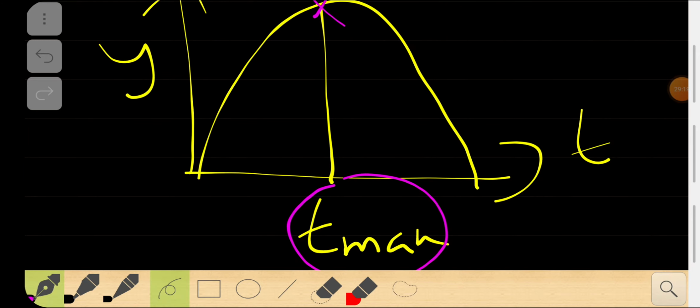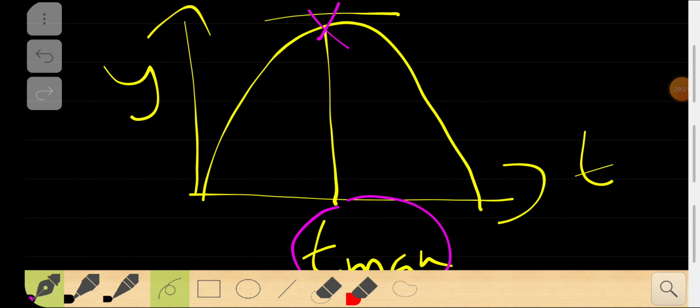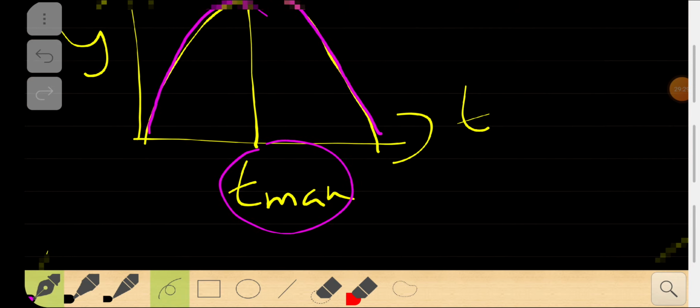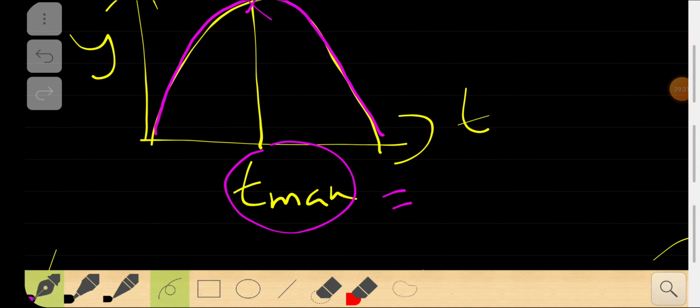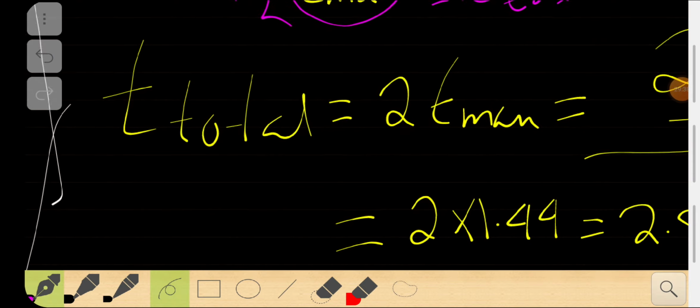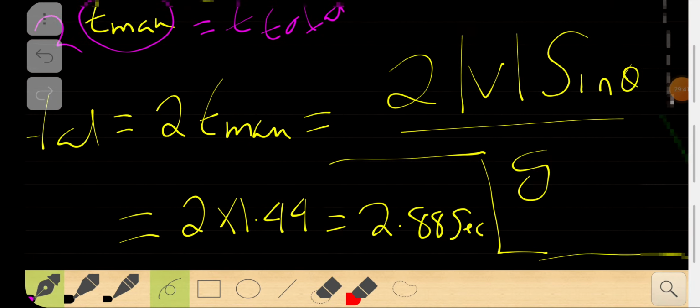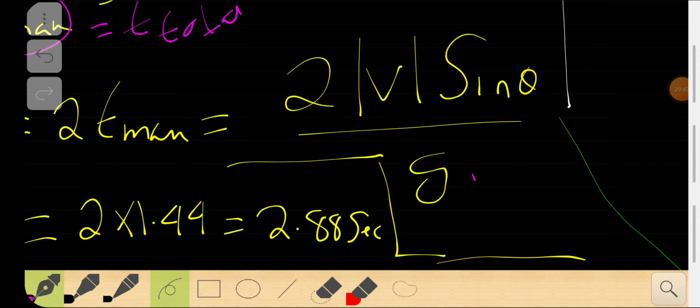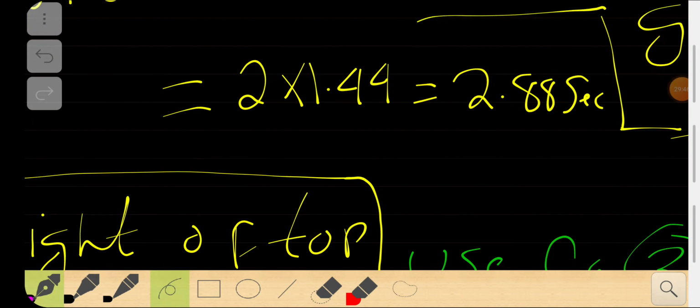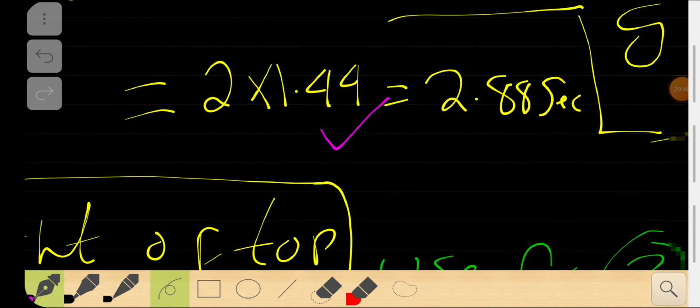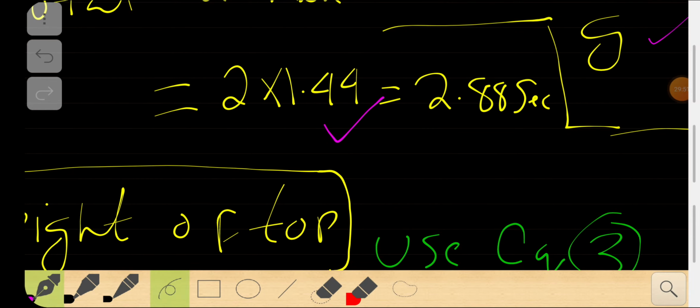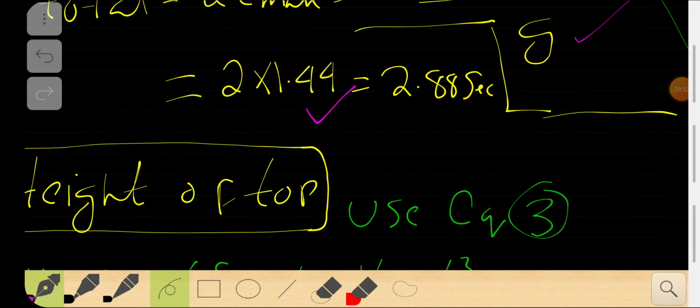For a parabola, the total distance traveled from this side to the maximum will be the same as from the maximum to the other side. So t total will be 2 times t max, which is equal to 2 times v sine theta by g. We found t max to be 1.44 seconds, so 2 times 1.44 is just 2.88 seconds, right?